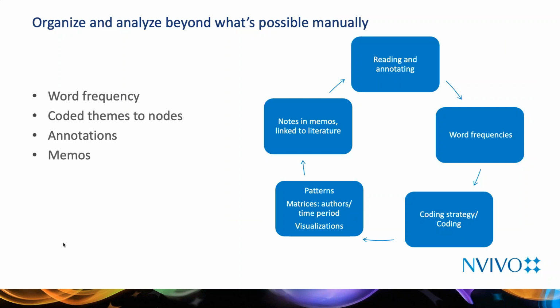Organize and analyze beyond what's possible manually. Using these tools is going to quickly get me into my articles and can help me target specific areas to be able to create nodes and gather together those pieces that I need to focus on.